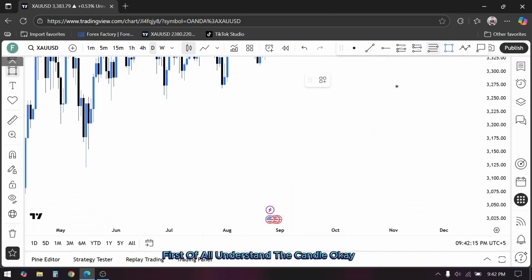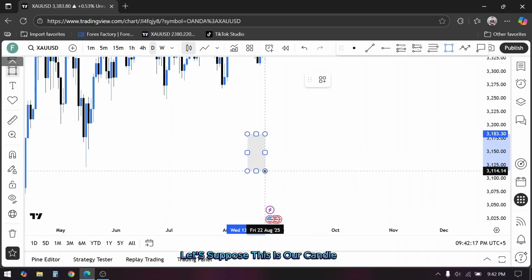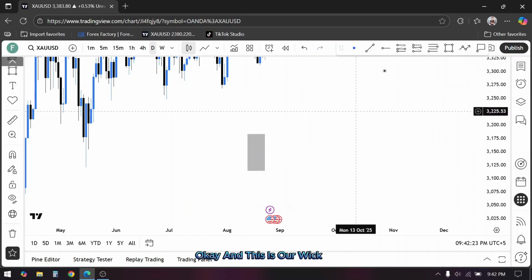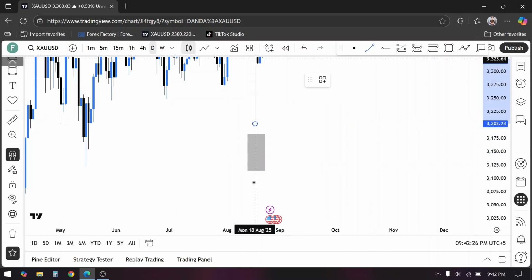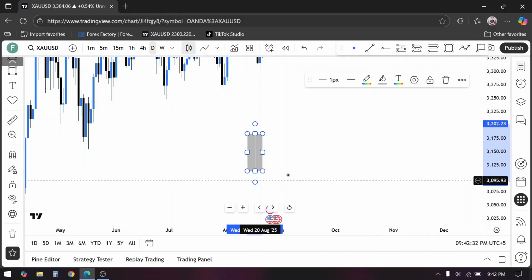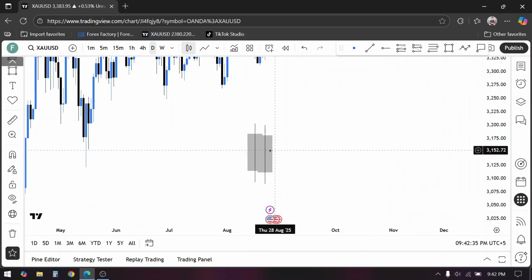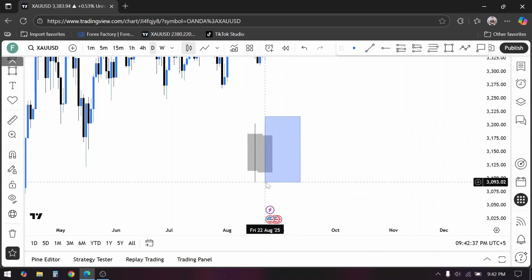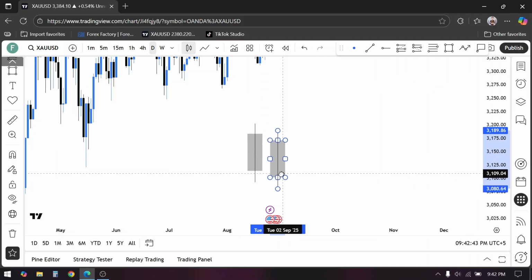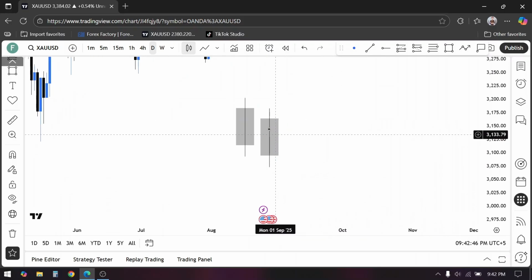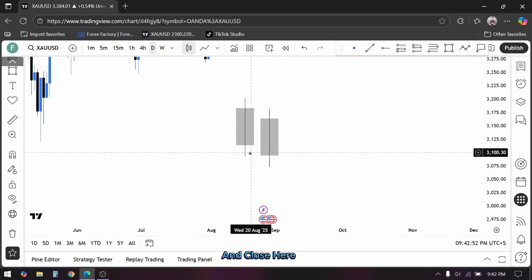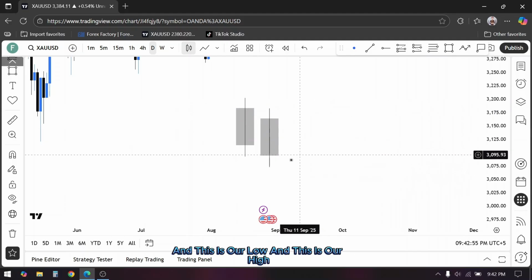First of all, understand the candle. Let's suppose this is our candle and this one is our bearish candle, and this is our wick. The bearish candle opened from here and closed here, and this is our low and this is our high.